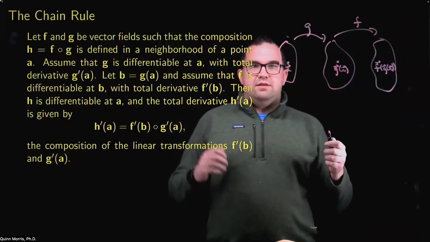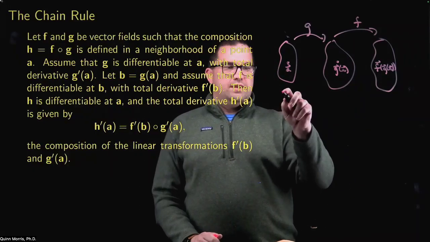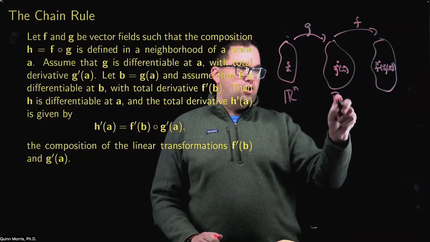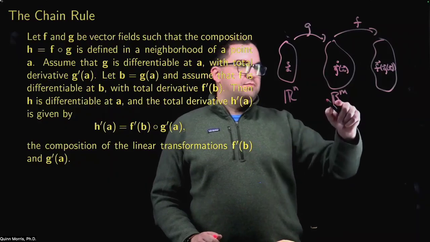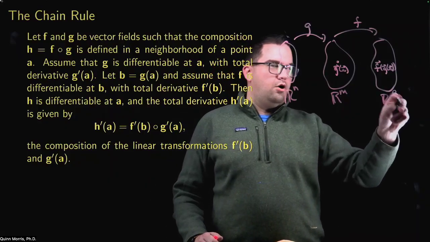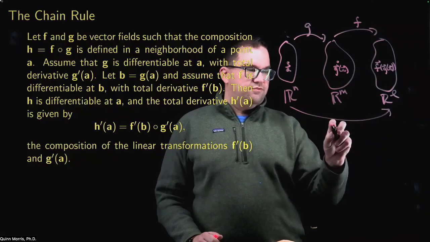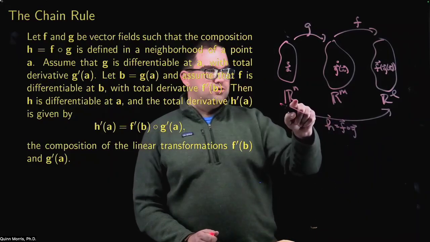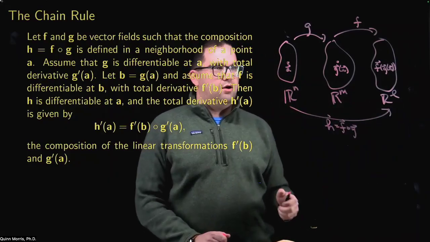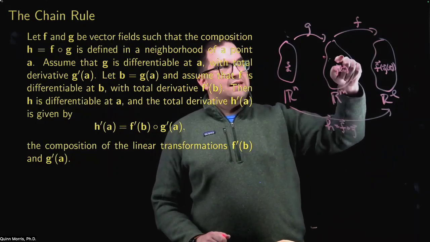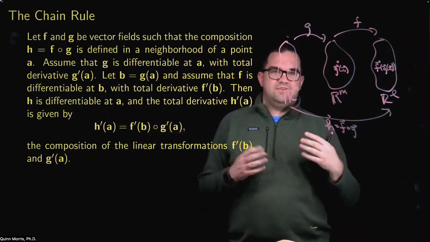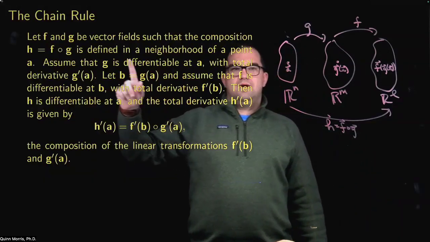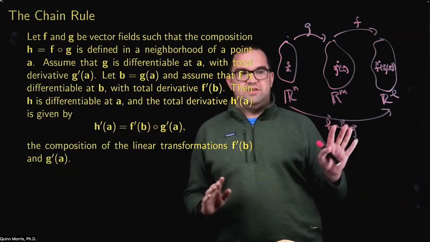By writing it in this way, what they're avoiding is, you need to make sure that if this is Rn and this is Rm, then F has to be a function from Rm to Rl, and then this composition function H that you want is going to be a function from Rn to Rl, and you need to make sure that G of A is in the domain of F. There's a lot of details here they're avoiding in this first sentence by just saying, make sure everything's defined so that all of this will work.